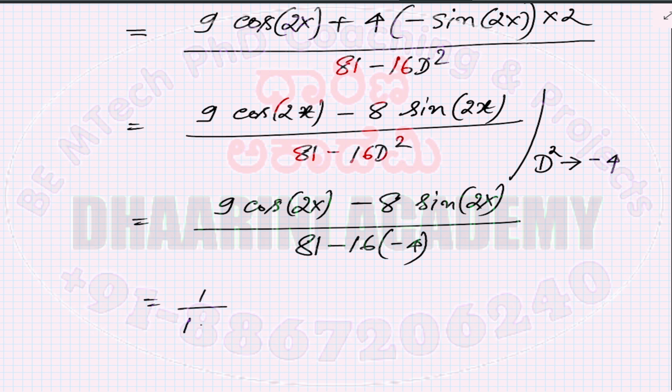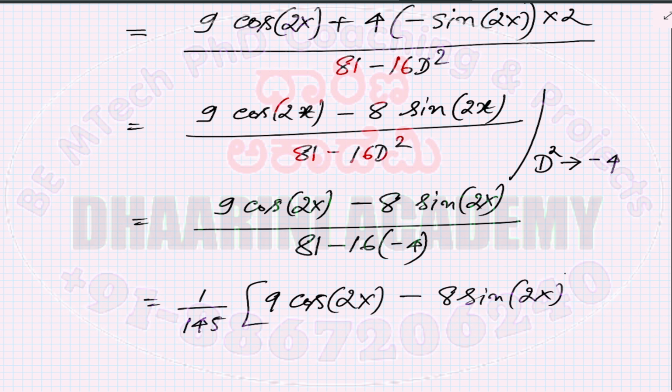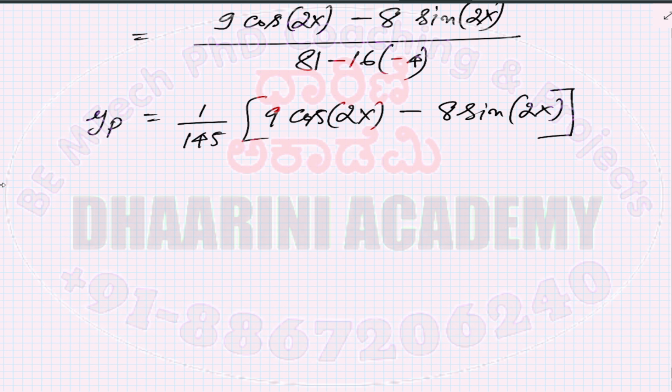This is equal to 1 over 145 into 9 cos of 2x minus 8 sine of 2x. Okay, so this is the answer YP. So we got a YP. So the final answer, the solution of this given problem, is Y equals YC plus YP.